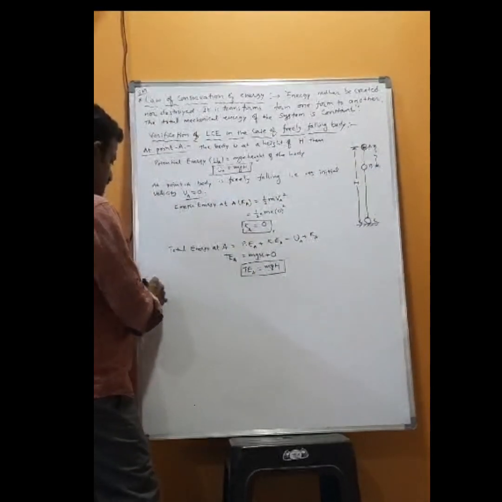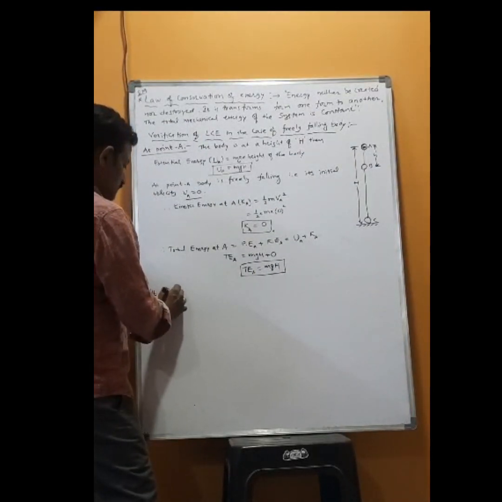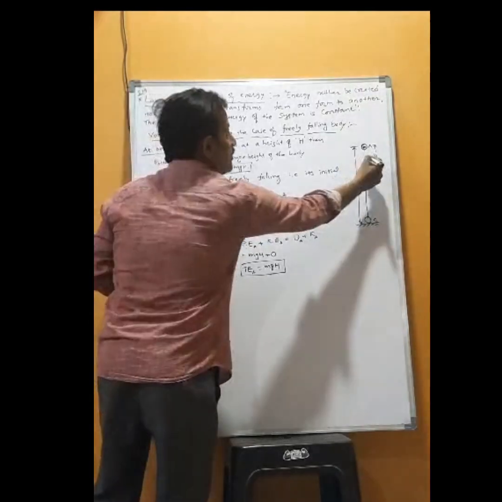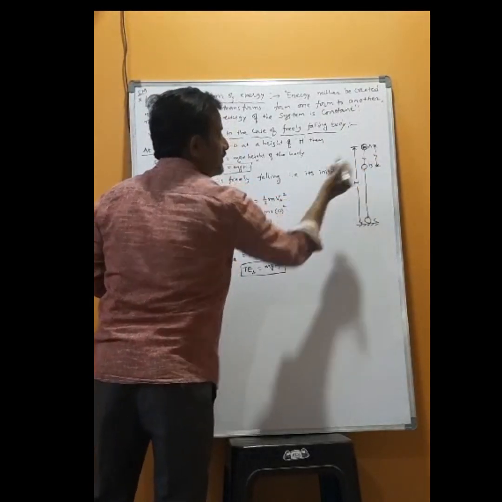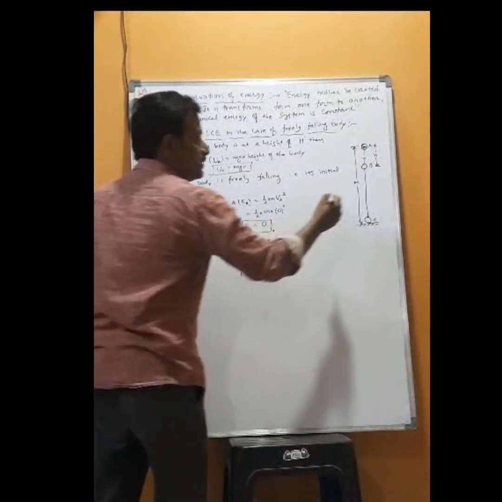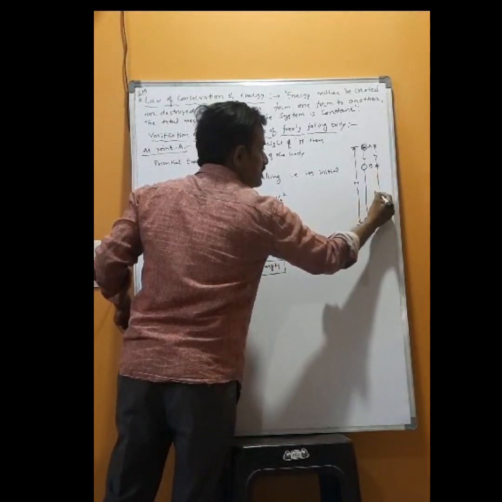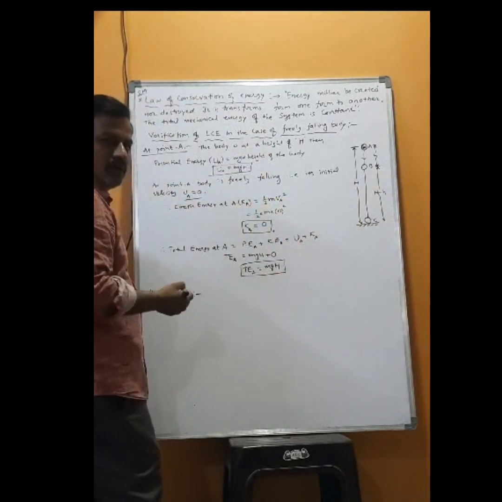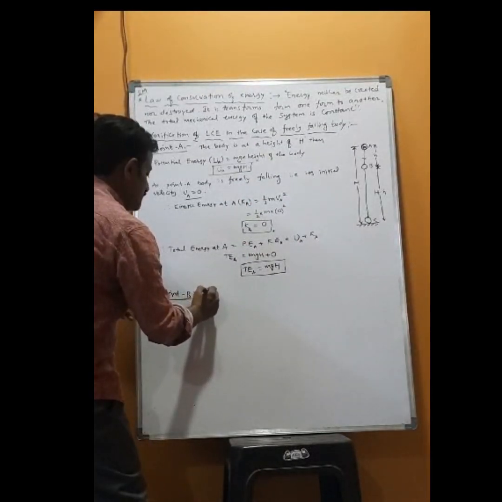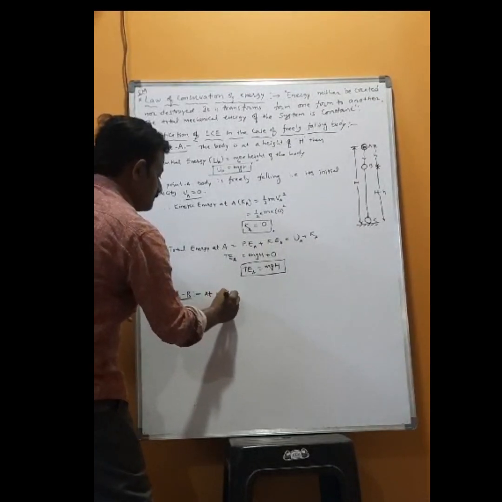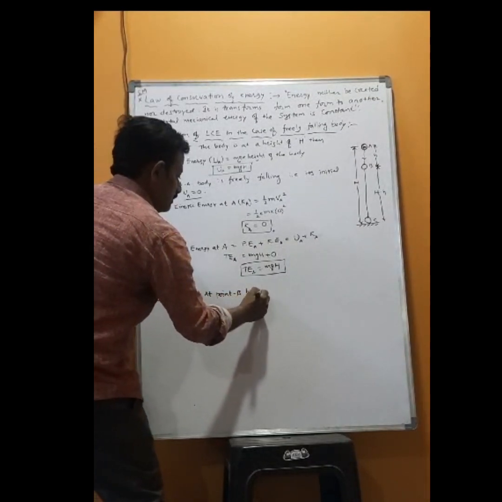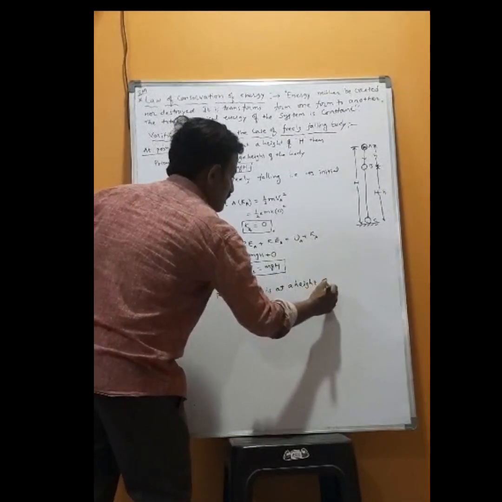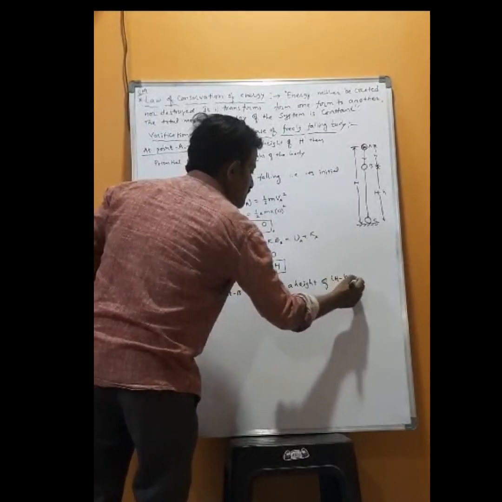Now we are going to point B. To reach point B, it is traveling some small h distance. Then what is the height of the body? Capital H minus small h. Therefore, at point B, the body is at a height of H minus h.